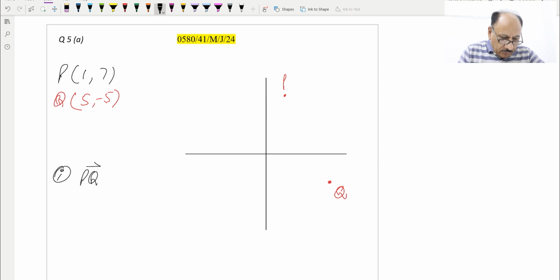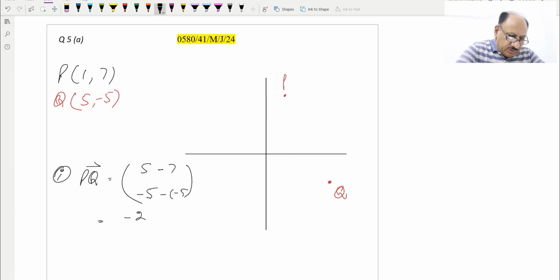So PQ will be Q minus P. The coordinates of Q are 5 and minus 5, and minus P, so minus 7 and minus into minus 5.